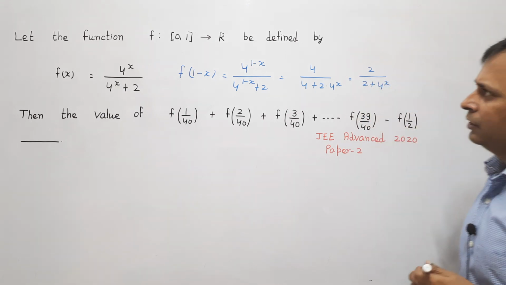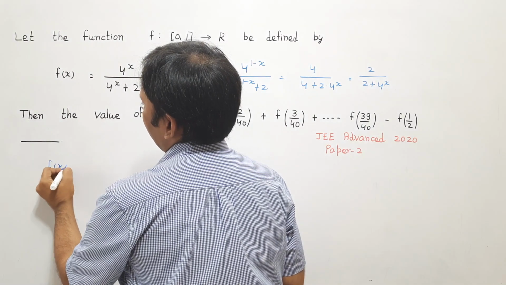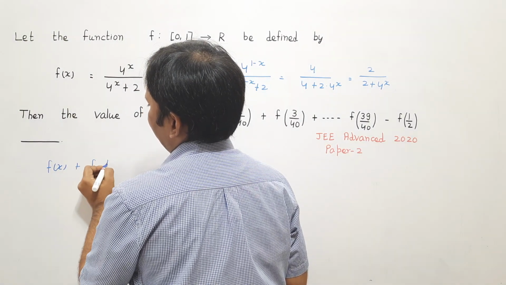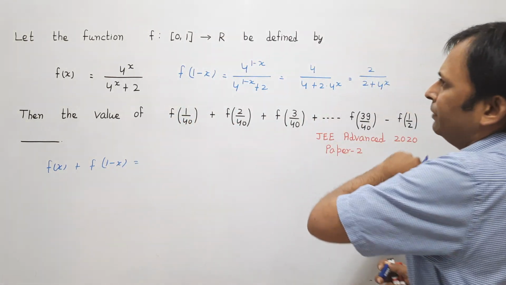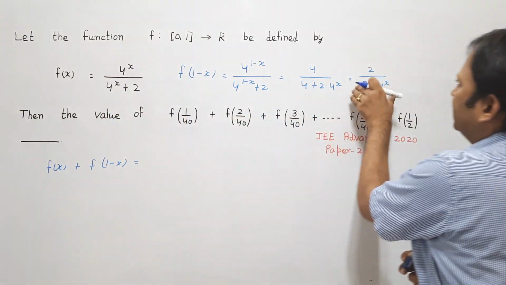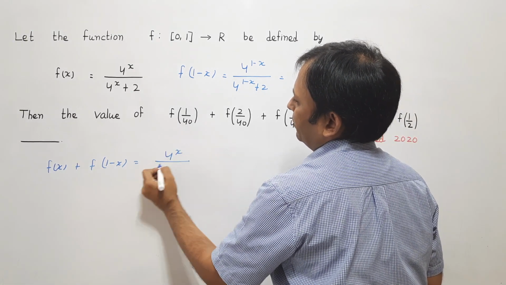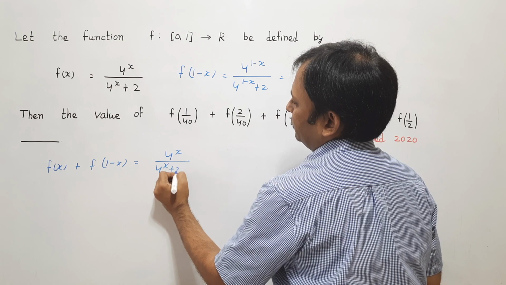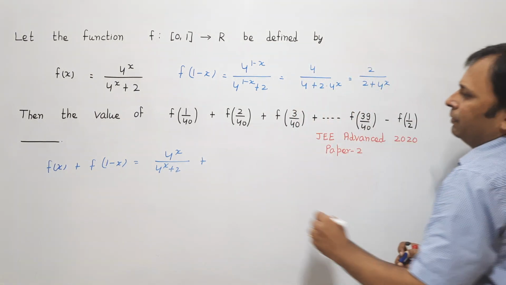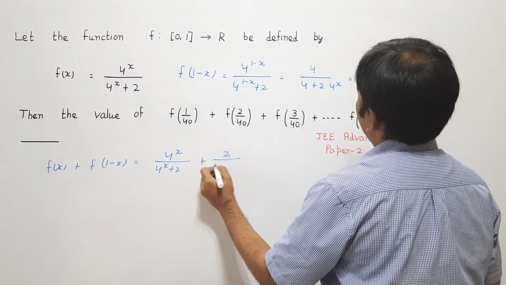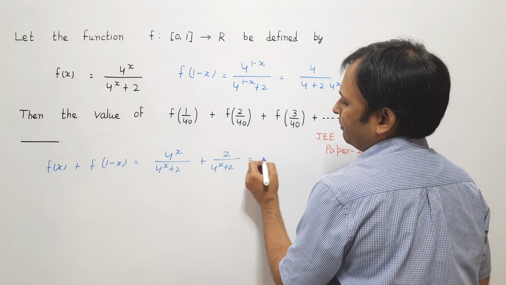Now here if you just observe, what is f of x plus f of 1 minus x? Simply add this value and this value. This is 4 to the power x upon 4 to the power x plus 2, which is our f of x, and 2 upon 4 to the power x plus 2 is our f of 1 minus x.